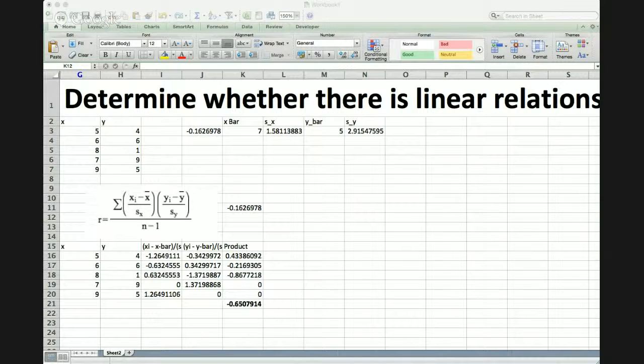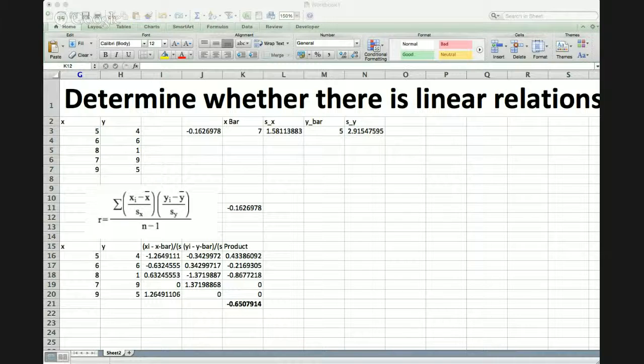Now determine the absolute value of the correlation coefficient. Recall, ours is negative 0.163. The absolute value is basically the positive value of it, so that is 0.163. Now is 0.163 greater than 0.878?